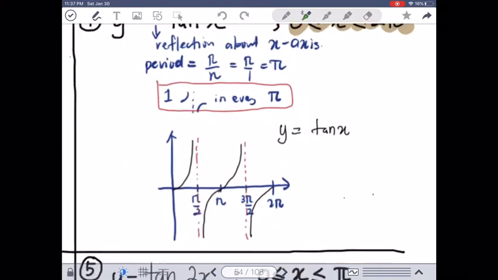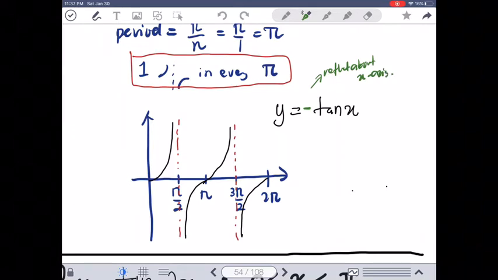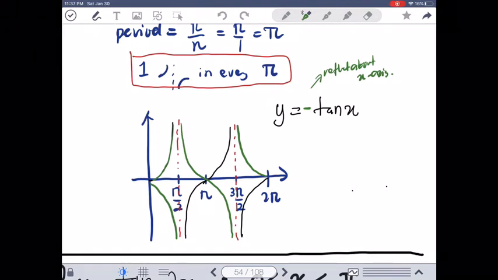When we have a negative in front, we need to reflect about the x-axis. So from here it will become this. Reflection down here becomes like that, and like that.